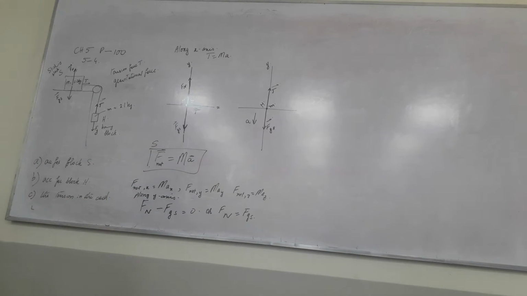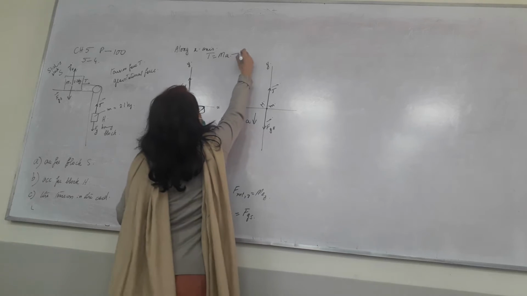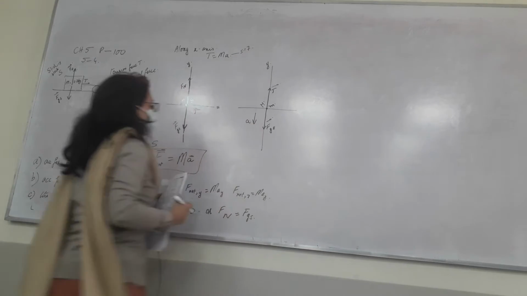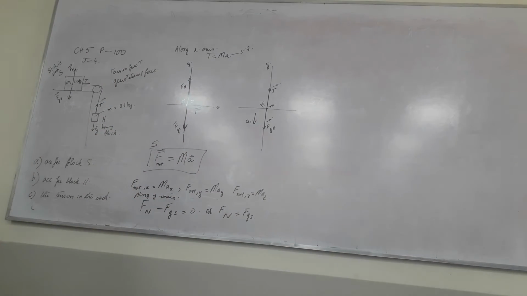On the x-axis there is only one force which is T, and this should be equal to the mass multiplied by the acceleration. So, this is equation 5.17. Okay. So, we have defined the equations for the y direction and for the x direction for block number S. Okay.